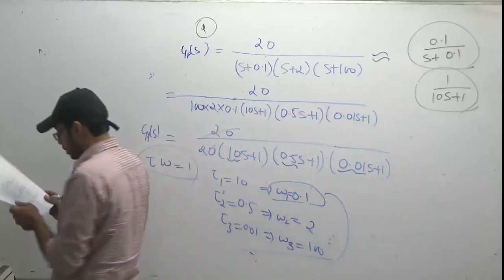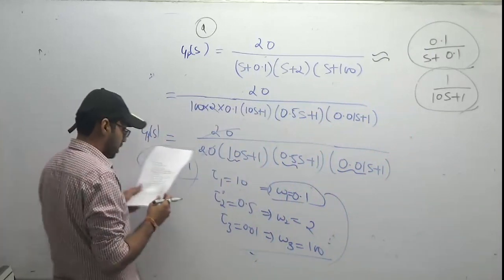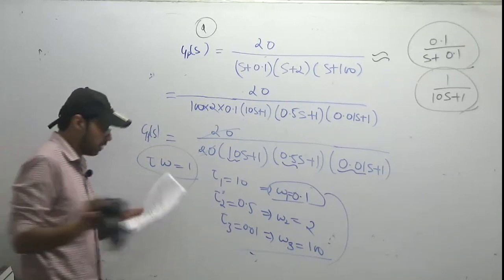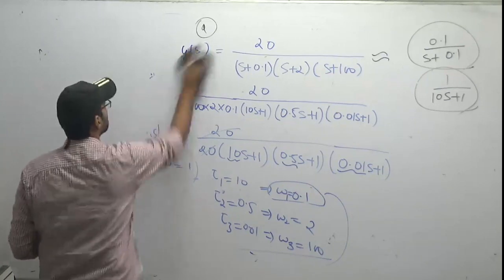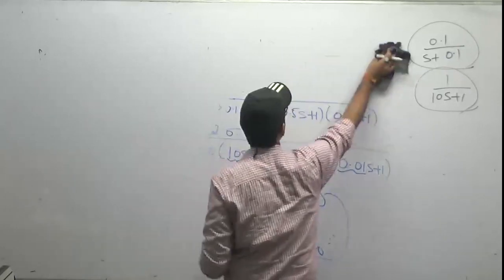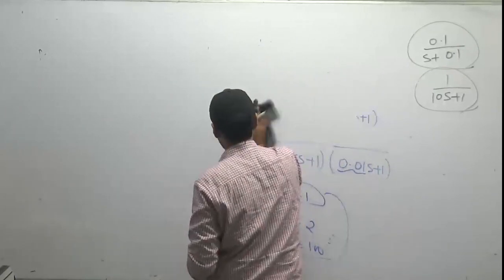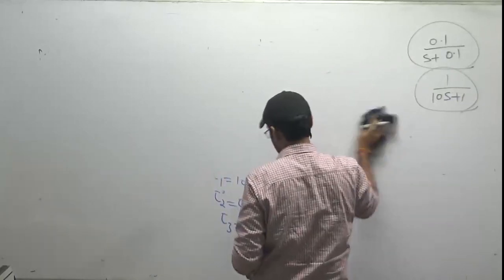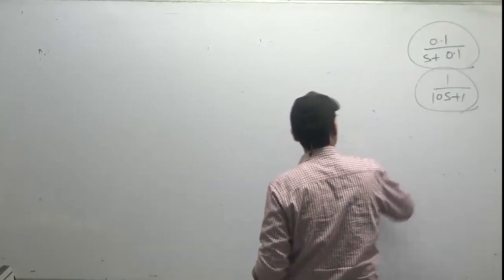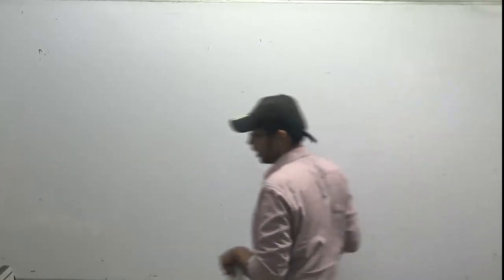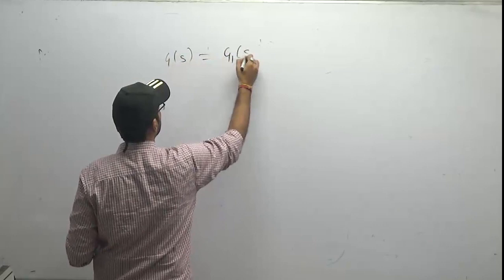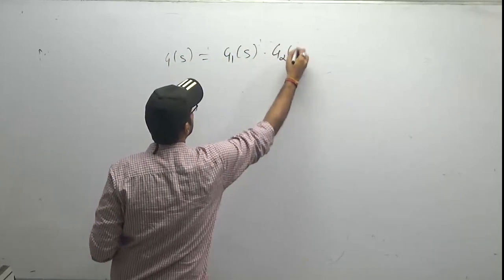So the next question is, the transfer function of a system is given as G(s) equals e raised to the power minus s divided by 500, times 500 divided by s plus 500. So this is a transfer function that contains what? We have two transfer functions, no? So we can write this as G(s) equals G1(s) into G2(s).